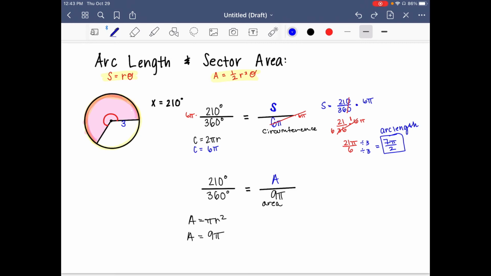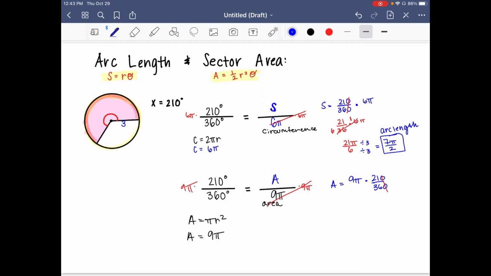Now, what I'm going to do is solve for area, so I'm going to multiply both sides by 9 pi. These will cancel out, and I will end up with area equals 9 pi times 210 over 360. We already found out that we can simplify this to 21 over 36.